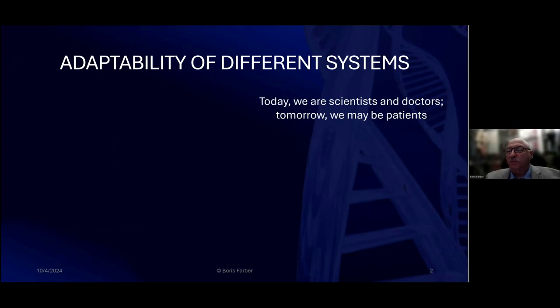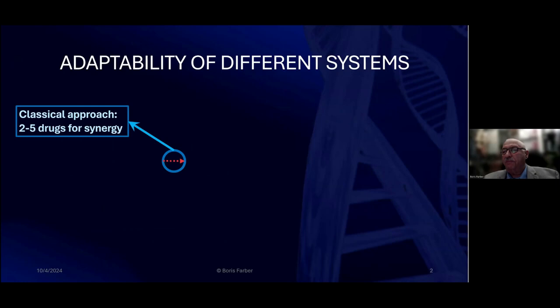I schematically visualize the degree of adaptability of static classical drugs with unchangeable structure in the human population. It is a blue circle with a small area proportional to adaptability.